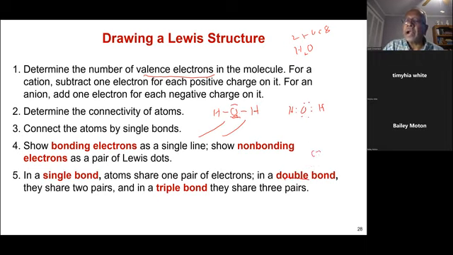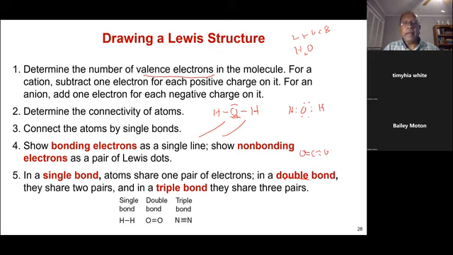For example, carbon dioxide has double bonds. I draw the picture here. Single bond, 1 electron pair, 2 electron pairs, 3 electron pairs. 3 bonding electron pairs shared between two atoms is a triple bond. Okay.